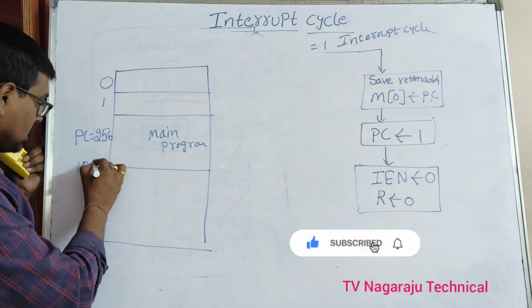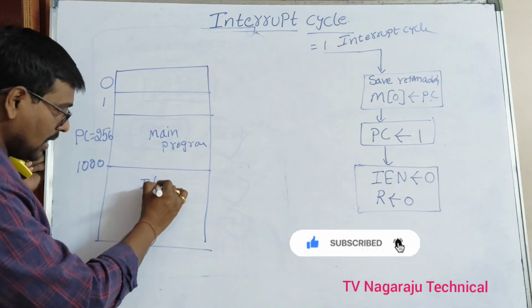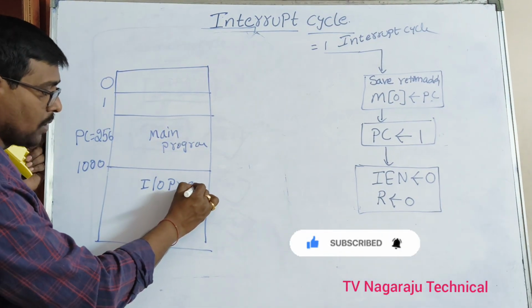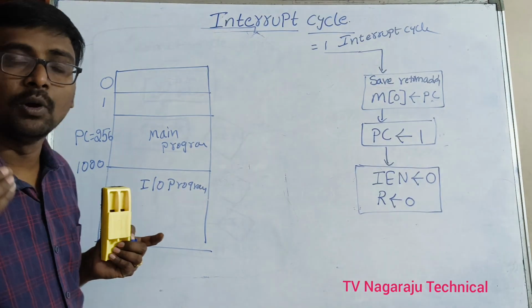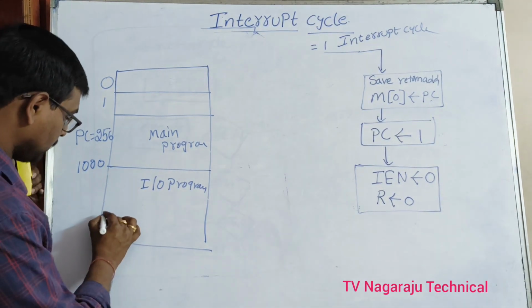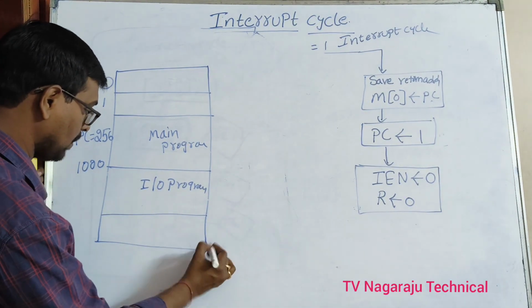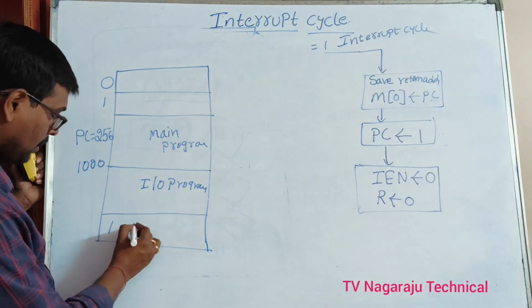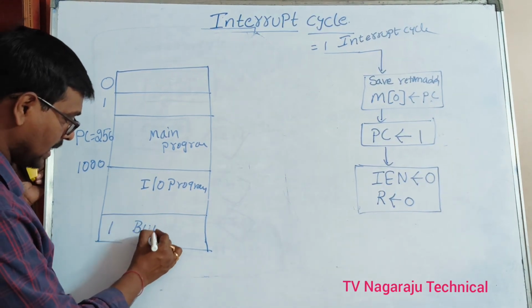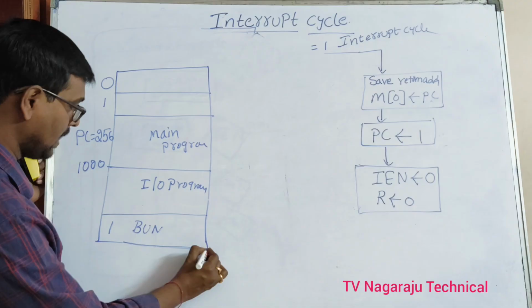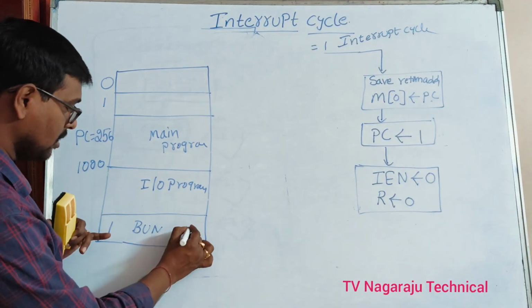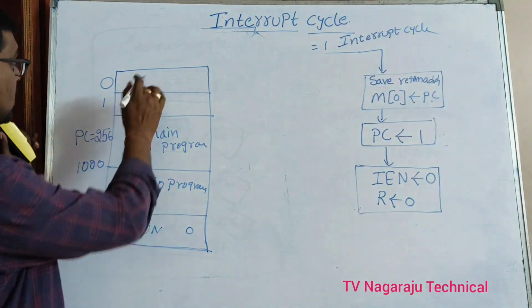For example, this is some 1000 address. Here, this is my IO program, in the sense input output routine, and branch unconditionally 0.